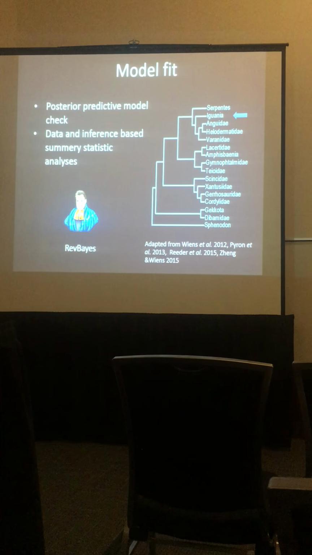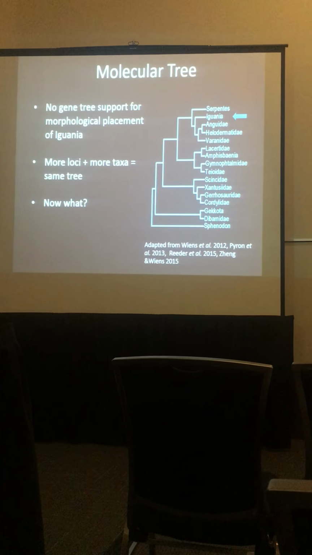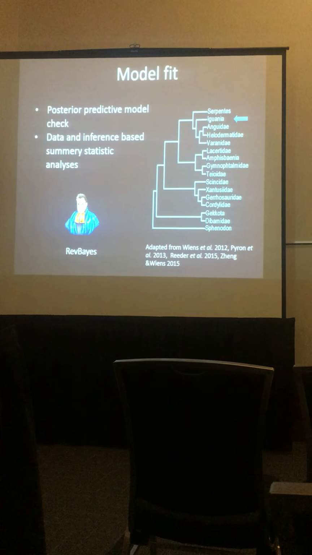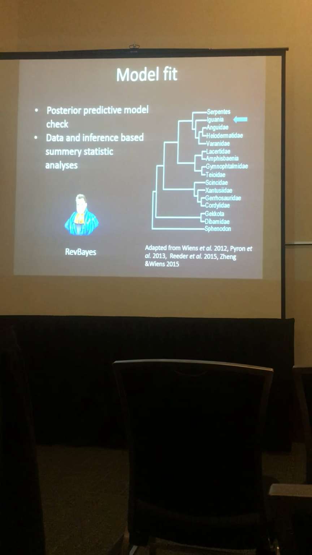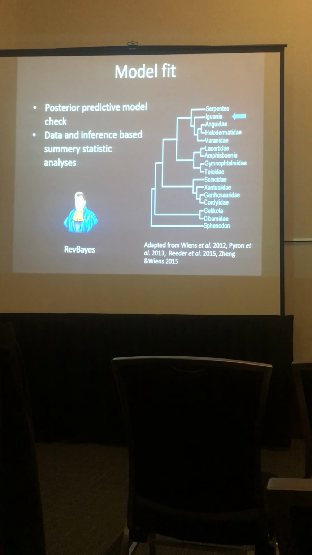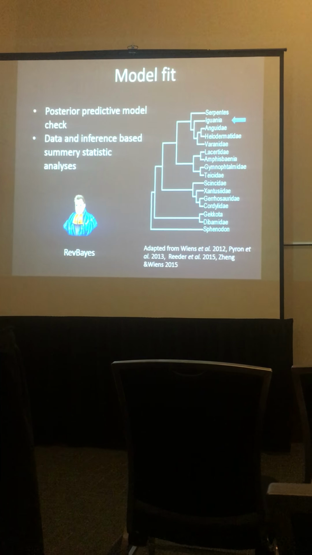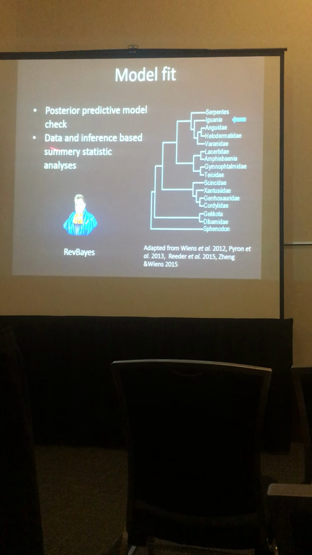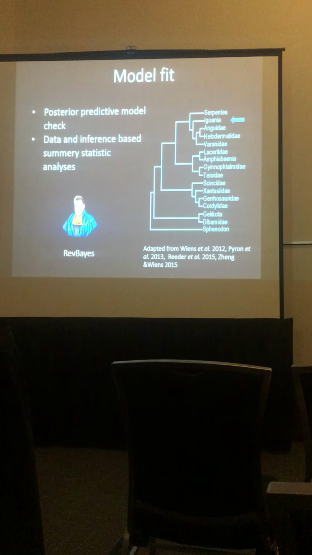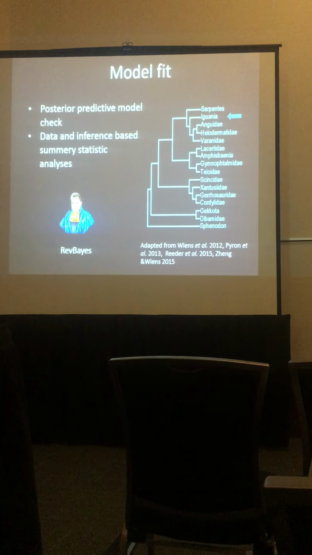And so that's what I've been working on: I have managed to get gene trees out of RevBayes, just the empirical trees, and they all do support this placement of Iguania, just to replicate what's already been published. And then the next step will be to create posterior predictive distributions and do a model check across all genes.